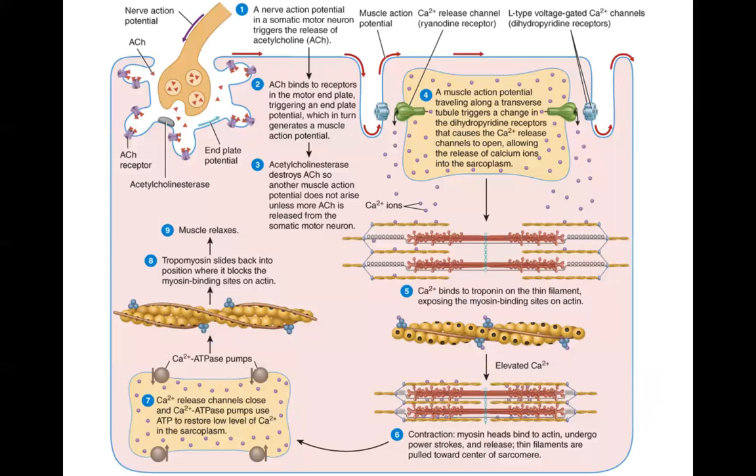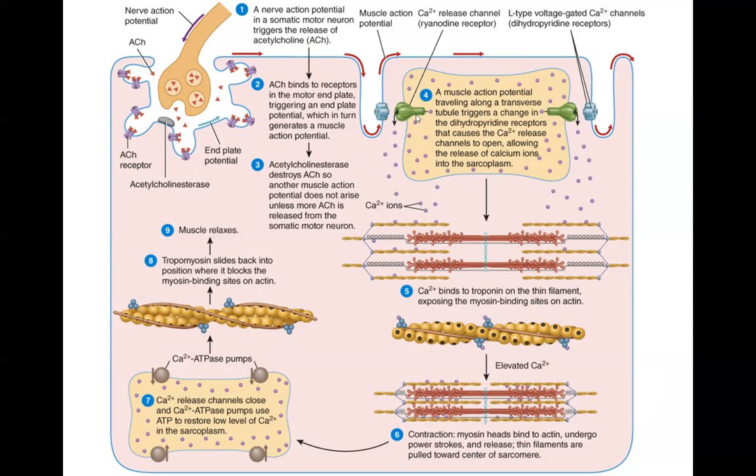Okay, so all those figures, and then this one is from your textbook. Like I said, they kind of give more summary style figures in your textbook. We'll start at the top here with number one, a nerve impulse or action potential in a somatic motor neuron triggers release of acetylcholine, which binds to receptors on the motor end plates, creating an action potential in the muscle fiber that then spreads throughout the sarcolemma and travels inward thanks to those T tubules.